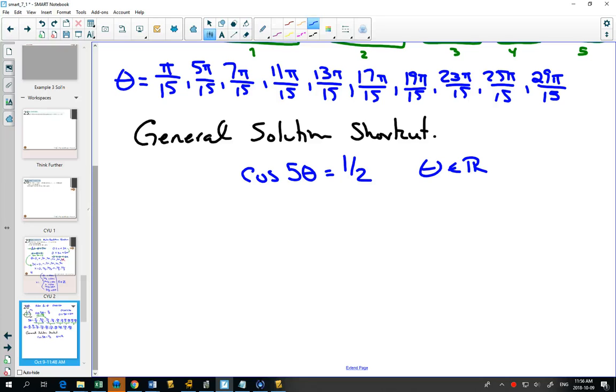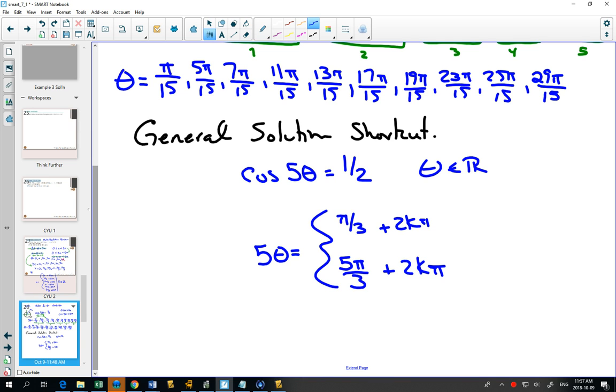If this was just a general solution question where it said cos theta equals 1/2, you would write whatever's inside equals, well, it's at pi over 3 and 5 pi over 3 plus 2k pi, where k is an integer.